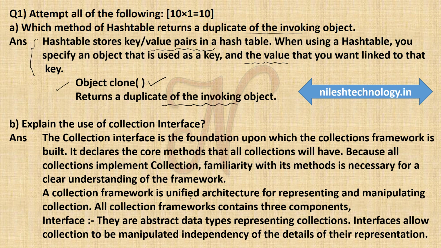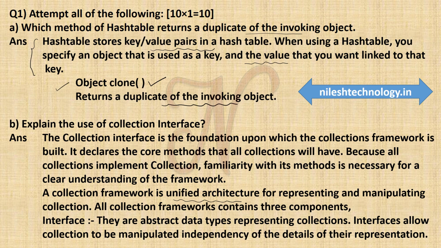Collection framework is the unified architecture for representing and manipulating collections. They are abstract data types representing the collections. Interfaces allow collections to be manipulated independently of the details of their representation. So this is the use of a collection interface. Describe this answer in 5 to 6 lines.